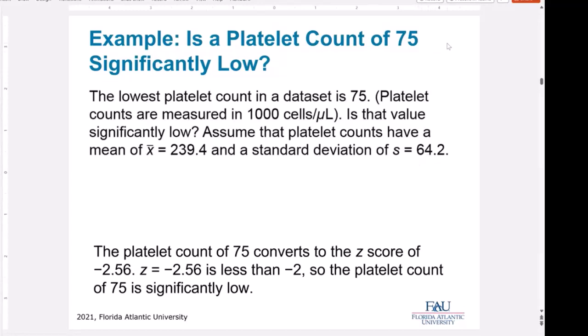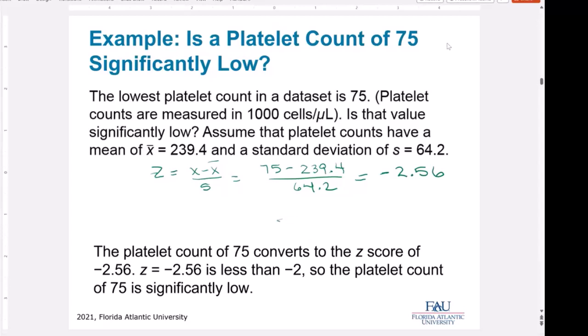We're looking at the lowest. We have z is equal to x minus x bar over s, which here is going to be 75 minus 239.4 divided by 64.2. This is going to equal negative 2.56.